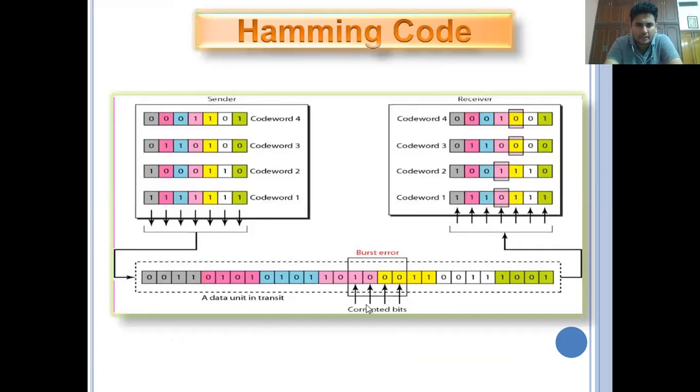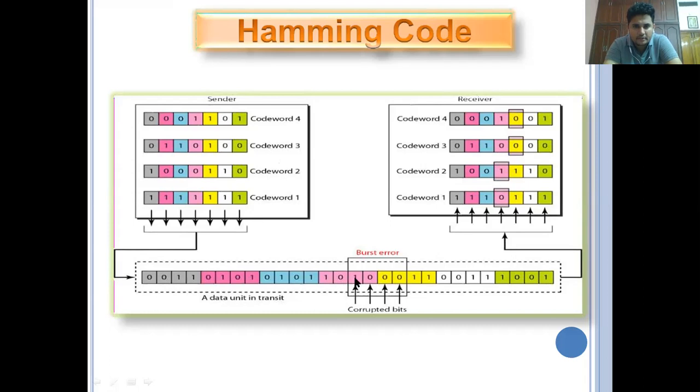So this is the burst error. Code word 1, code word 2, code word 3, and code word 4. On the sender side, the error occurs at these locations in between.